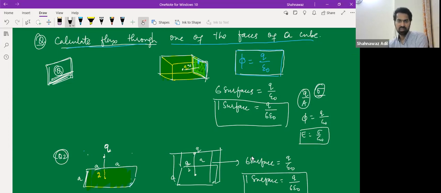Whenever you guys have done noting down, please. Just remember the idea that we need to make a complete closed surface.